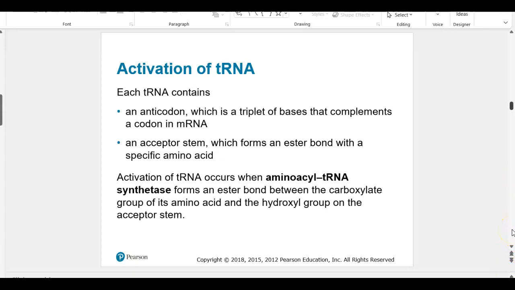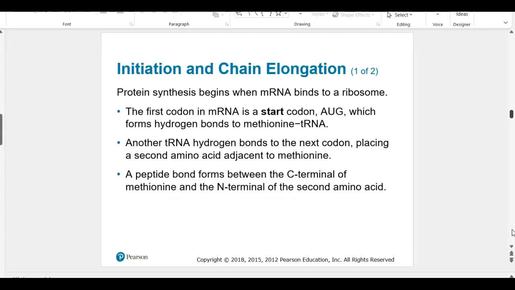And then after that's done, the transfer RNA goes off, and I don't know if it's reused or just broken down, and the nucleotides reused.